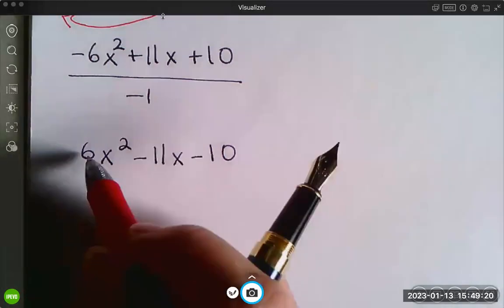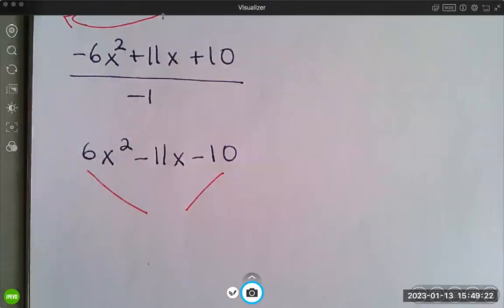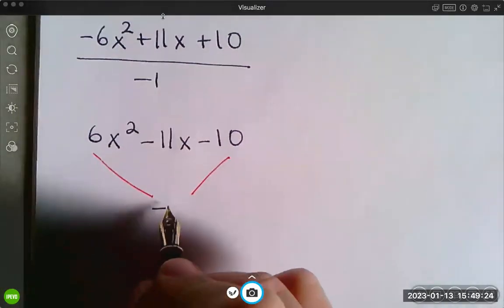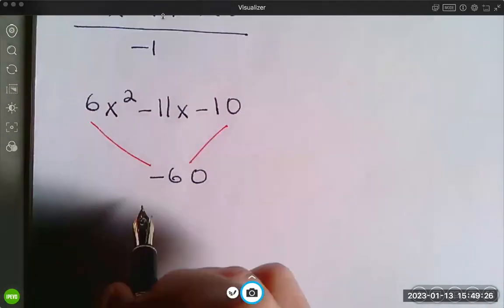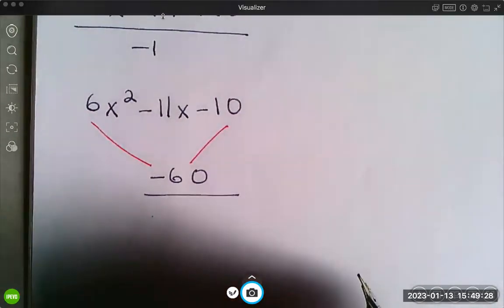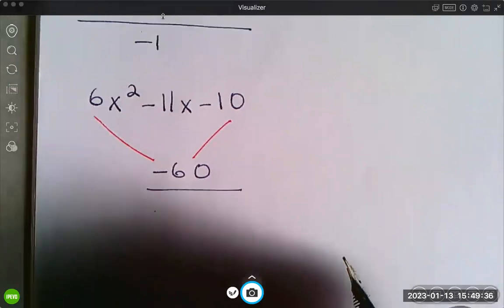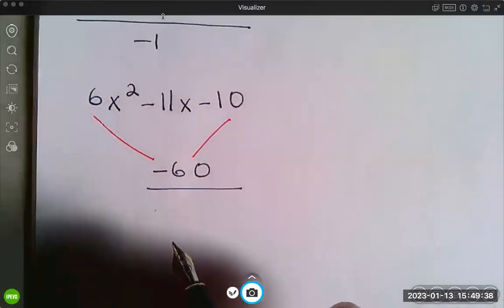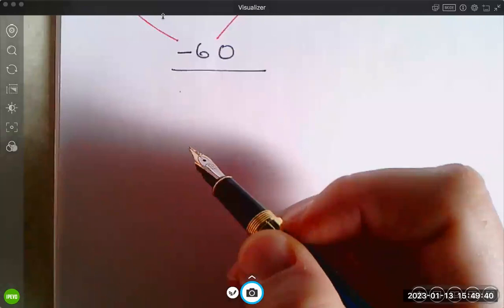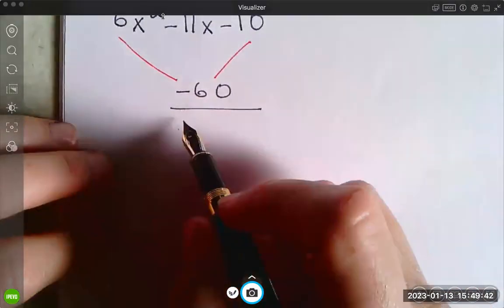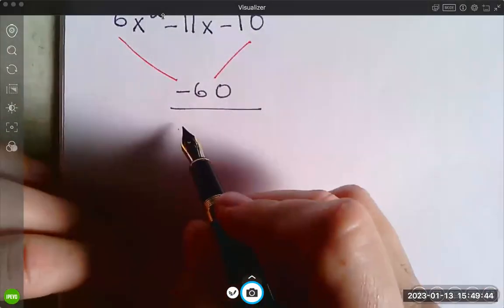Okay, now I multiply 6 times -10, and that equals -60. What are all the factors of -60? I'm just going to take a shortcut and do what equals positive 60.